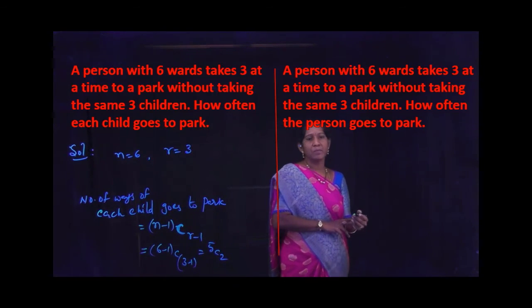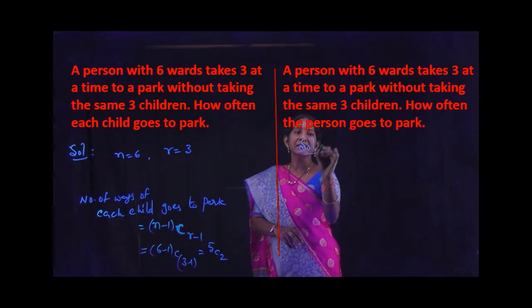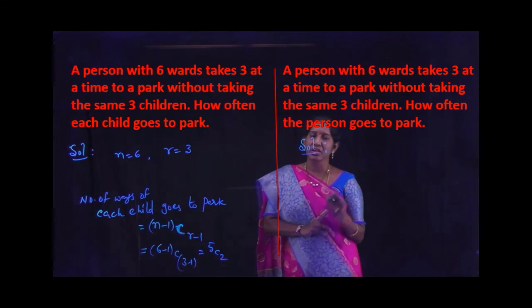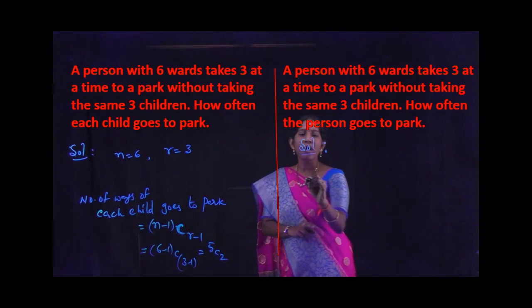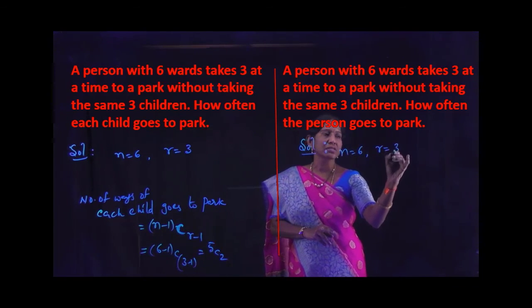See the next problem. A person with 6 wards takes 3 at a time to a park without taking the same 3 children. Then how often? So n equal to 6, r equal to 3 here also given.